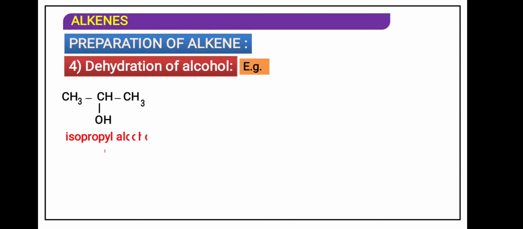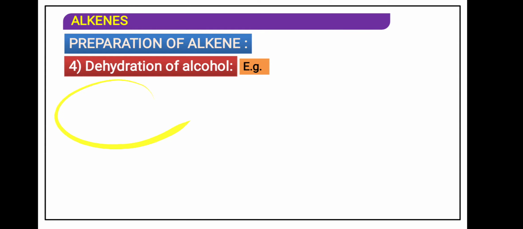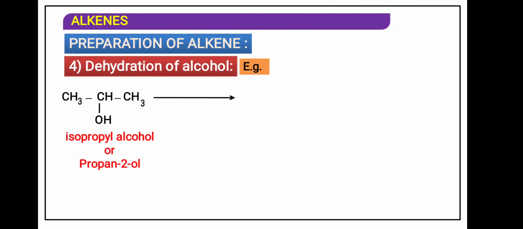This is secondary. Functional group attached to a carbon atom that is attached to two carbons is called a 2-degree or secondary alcohol. For secondary, we require 60% sulfuric acid at 100 degrees Celsius, so 95% is not required, you make a correction to 60%.